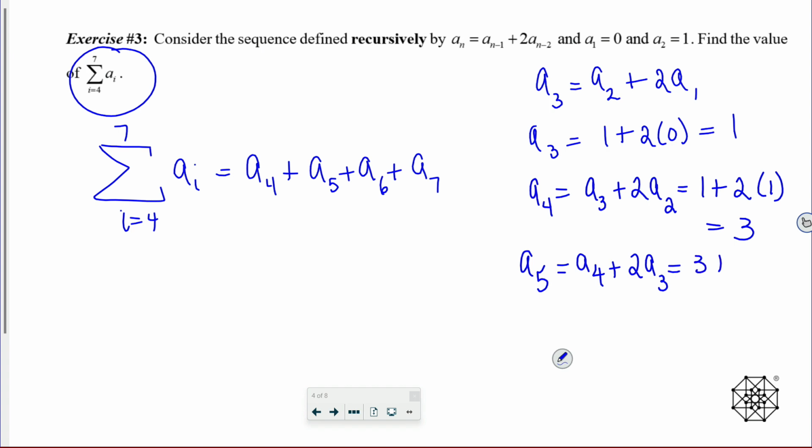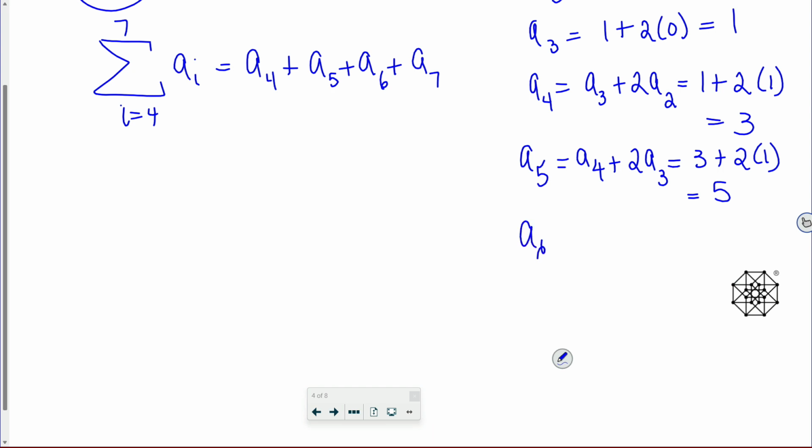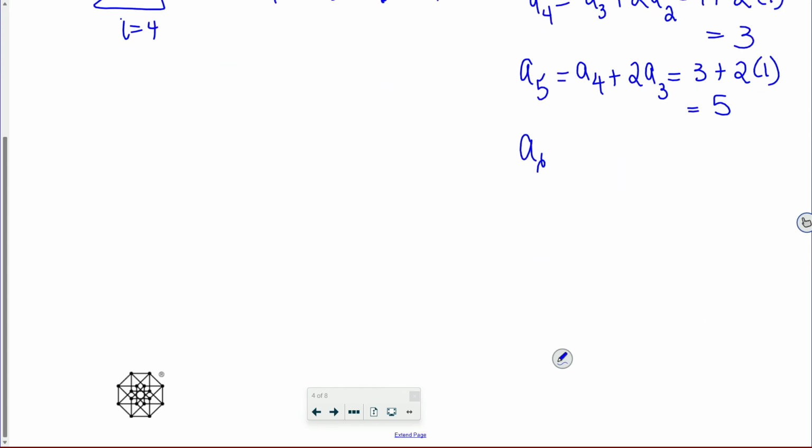A4 is 3, A3 is 1, so that's going to be 3 plus 2, and that means A5 is 5. Let me just give myself a little bit more room here. A6 is going to be equal to A5 plus 2 times A4, so that's going to be 5 plus 2 times 3, that's 5 plus 6, and that's 11.